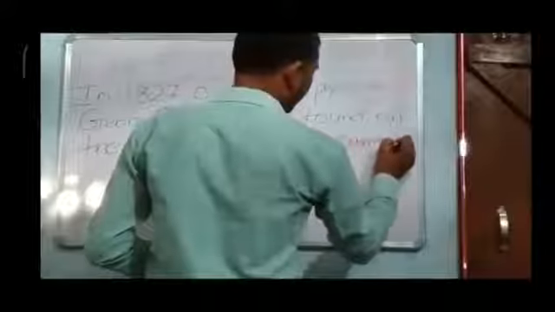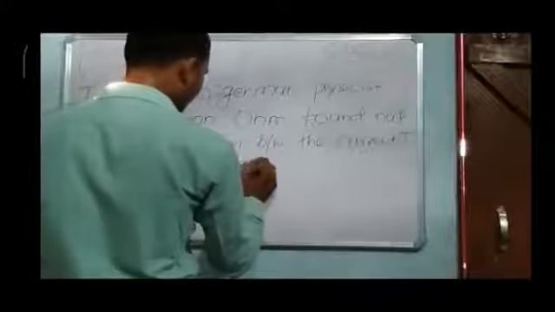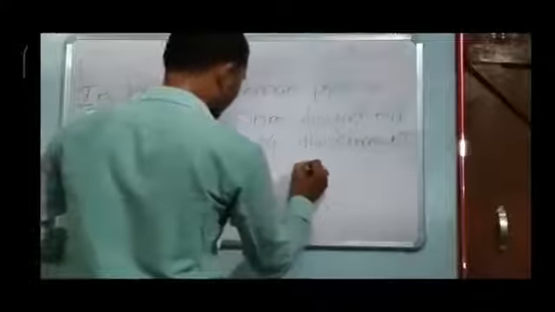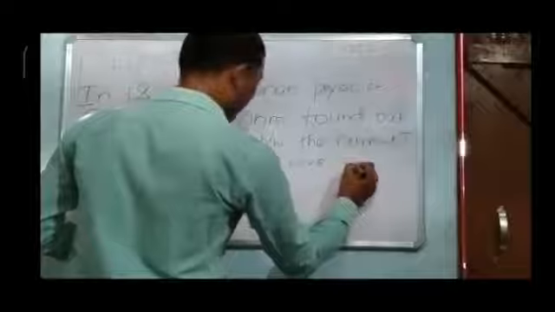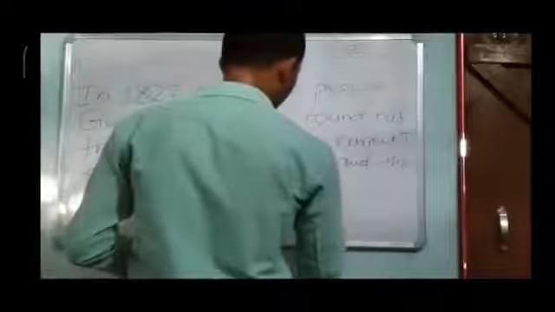The current I flowing through a metallic wire and the potential difference across two points of a metallic wire or its terminal.